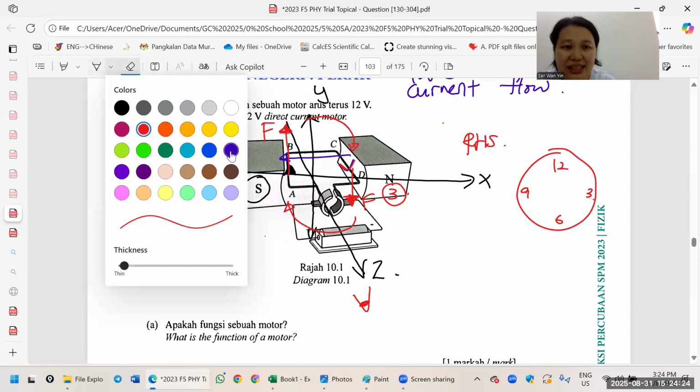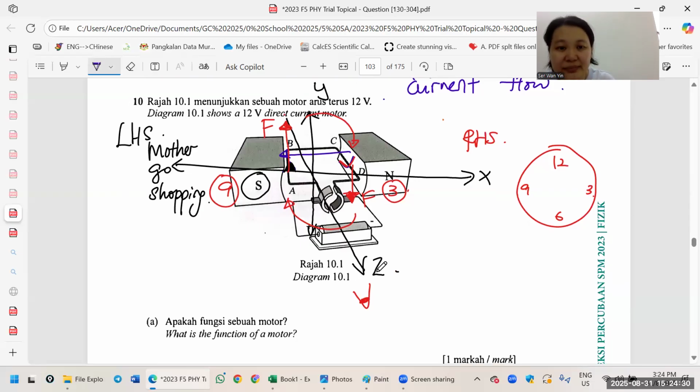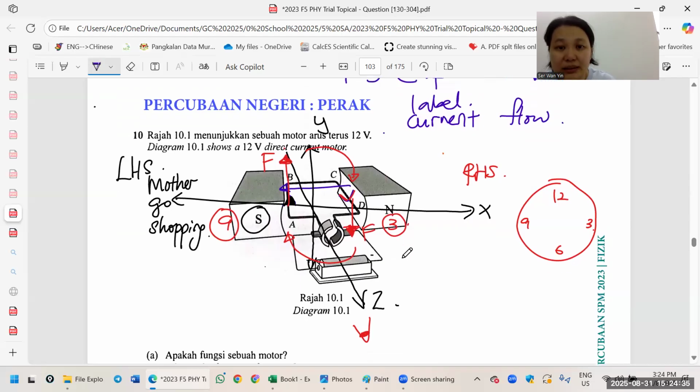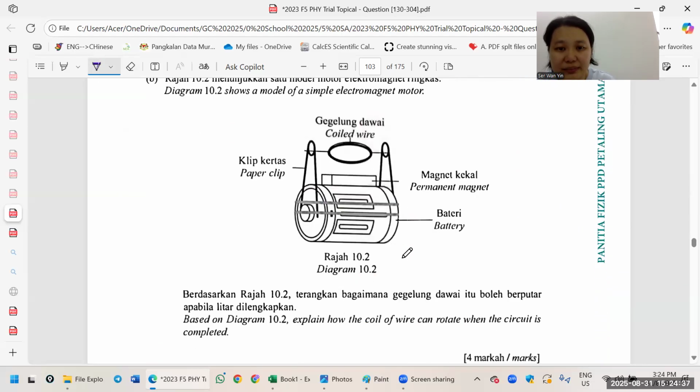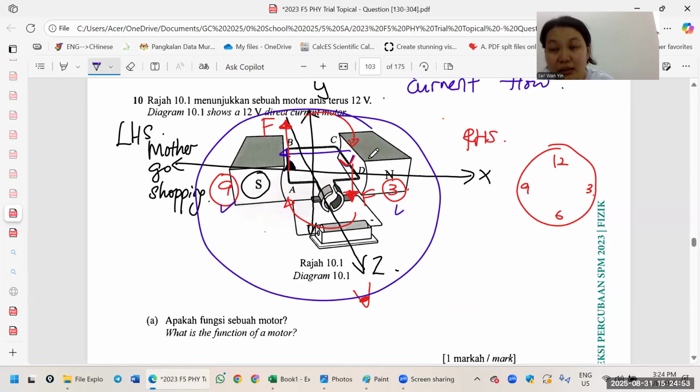I think another 4% did not understand so well, right? Always see 3 and 9 always fixed. This is a clock.